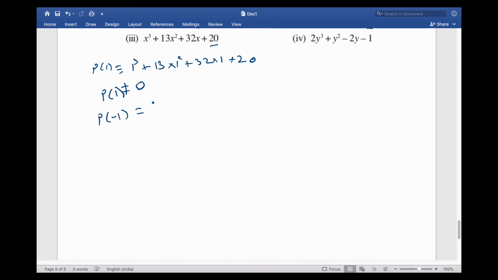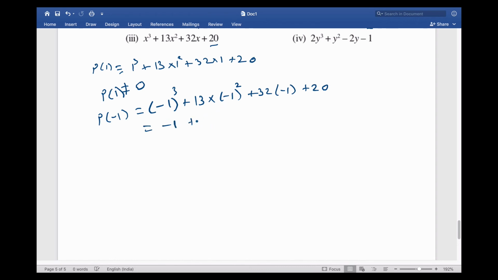Let's see. So I get minus 1 whole cube plus 13 into minus 1 square plus 32 into minus 1 plus 20. So this gives me minus 1.